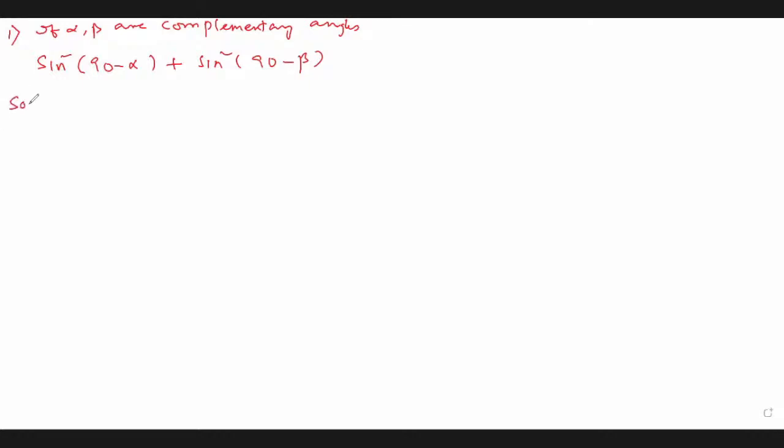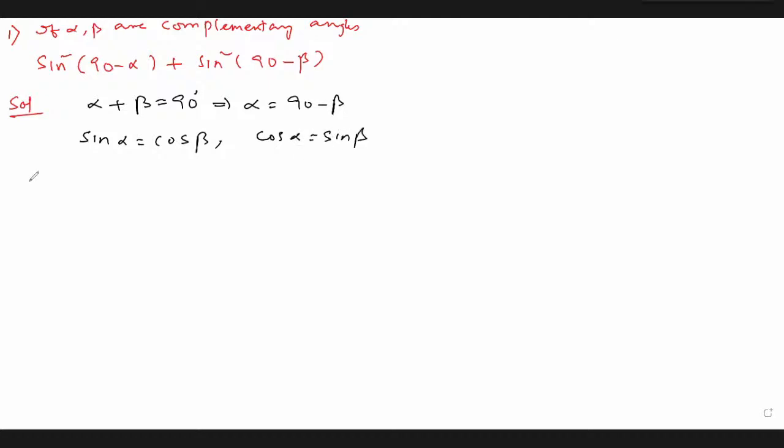So what has been given to you? Alpha, beta are complementary, means alpha plus beta should be equal to 90 degrees. Means alpha is equal to 90 minus beta, where sine alpha is equal to cos beta, and cos alpha becomes sine beta.